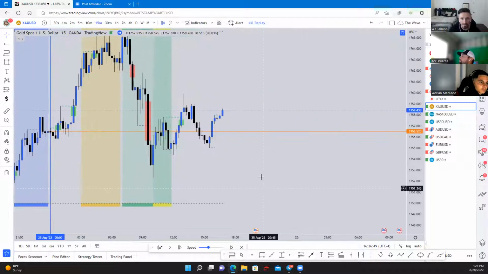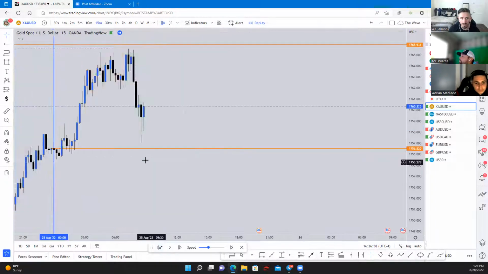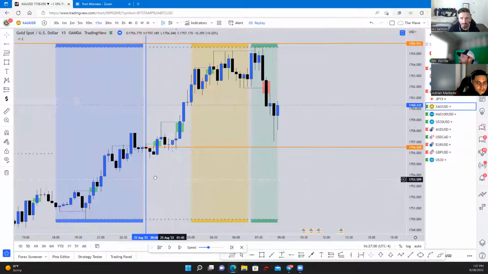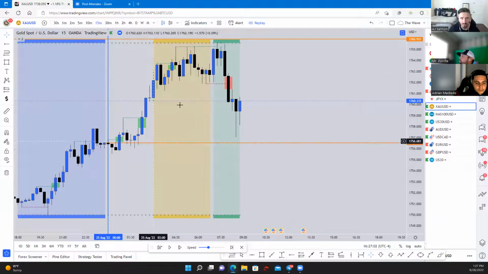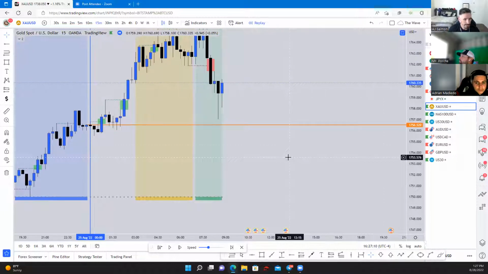And then just rinse and repeat. For example, if you're looking for sells, you want price to be above the opening price, right? If you're looking for buys, you would want price to be below this opening price so that it'll run back to it, right? That makes sense.